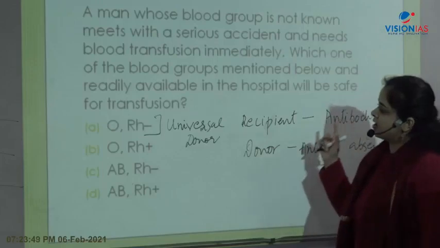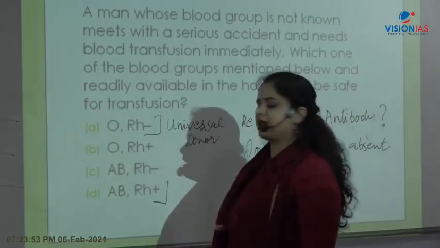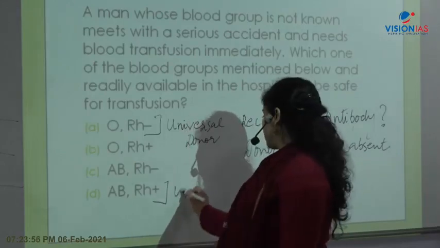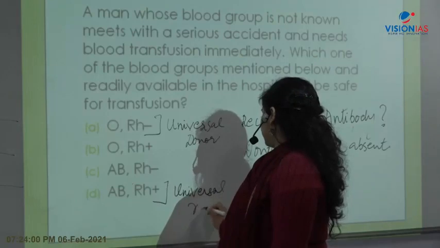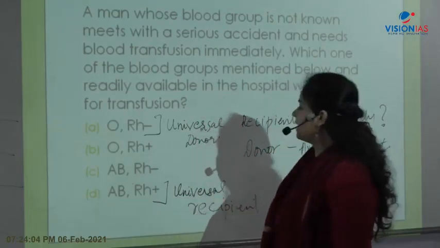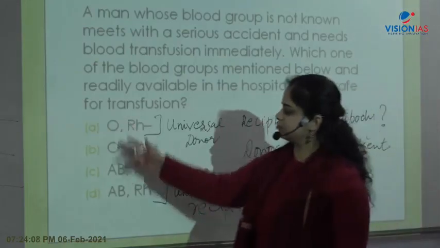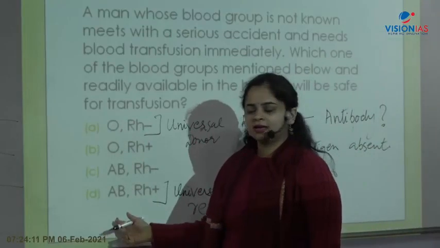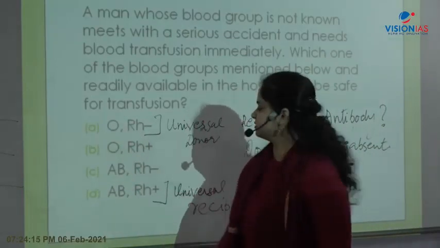So, a blood group with no antibodies is your blood group AB positive. So, AB positive becomes the universal recipient and O negative becomes the universal donor. If you just have to talk in terms of O and AB, O is your universal donor and AB is the universal recipient.